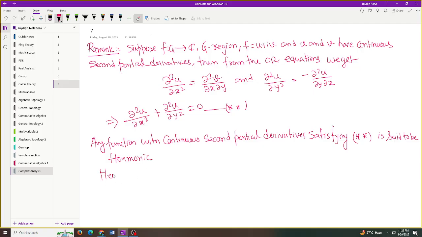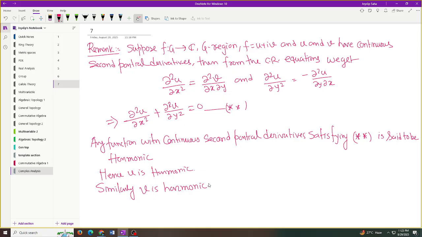Hence, u is harmonic. Similarly, v is harmonic.